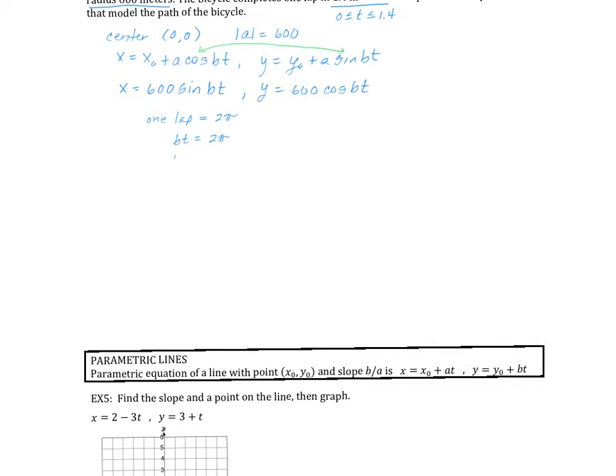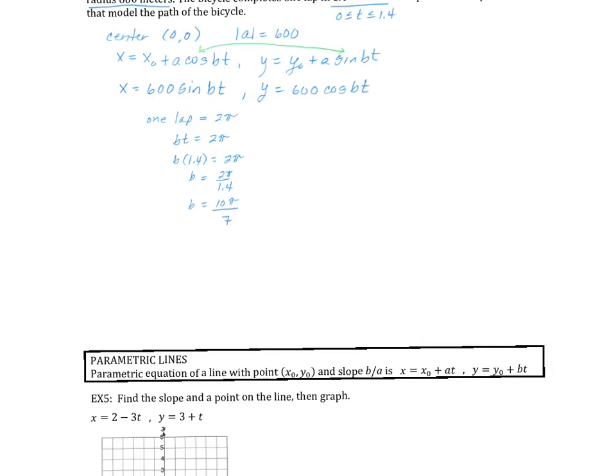T is 1.4. So this is simply dividing the usual 2 pi by the 1.4 to get my b value. If I just move the decimal over, it's going to give me 20 pi over 14, which would reduce to, and I'll leave it as an exact answer instead of an approximation, 10 pi over 7.